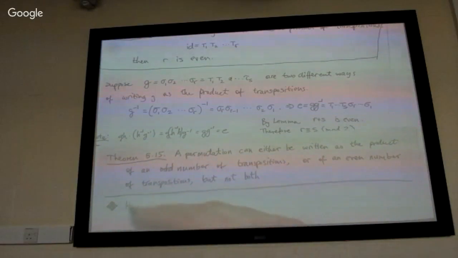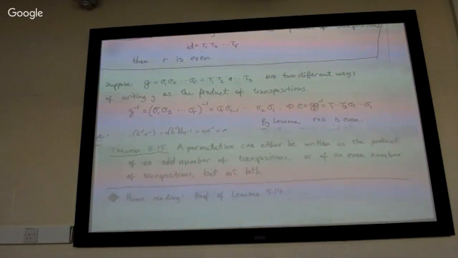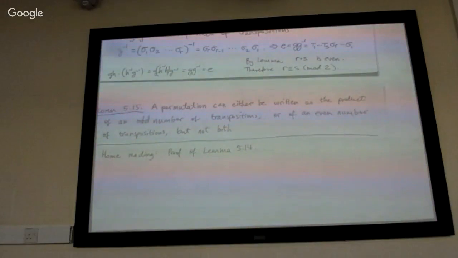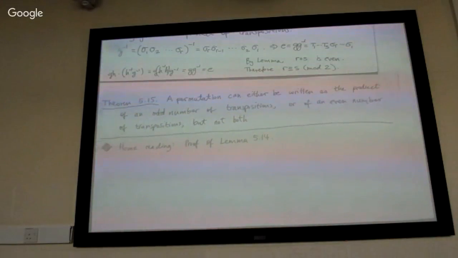Home reading: proof of the lemma. Induction? Well, yeah, kind of.